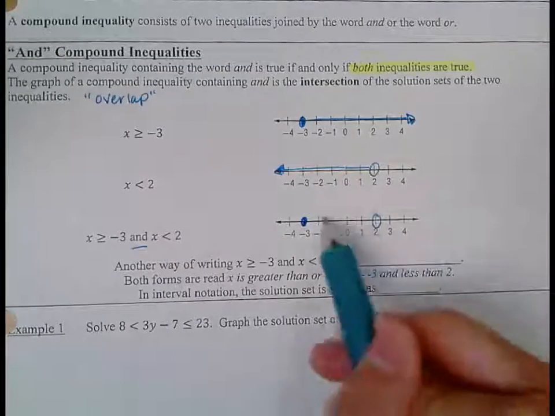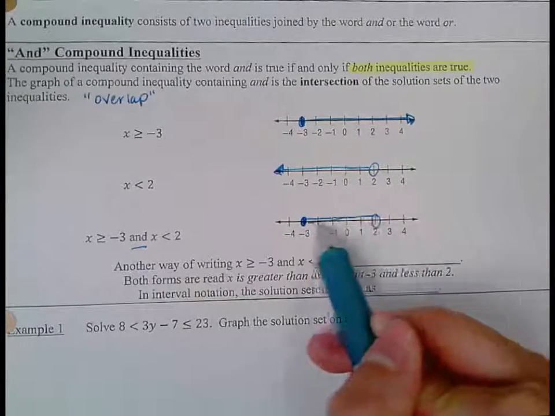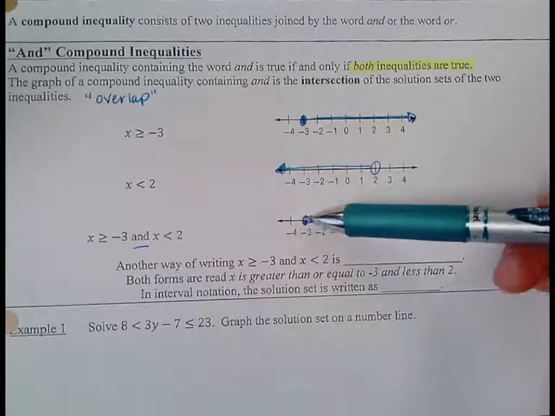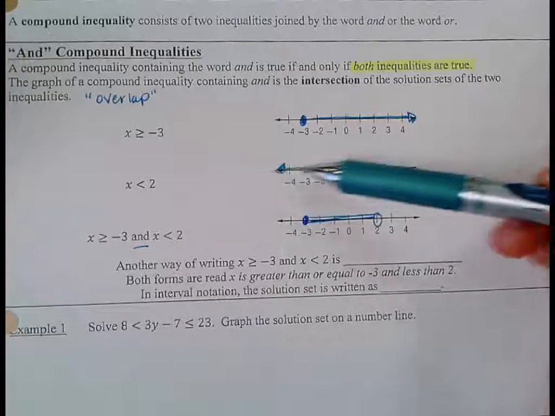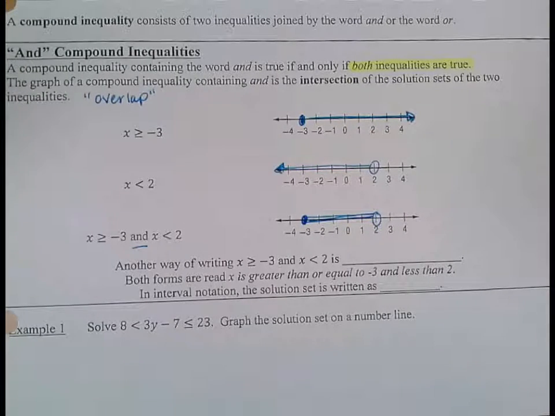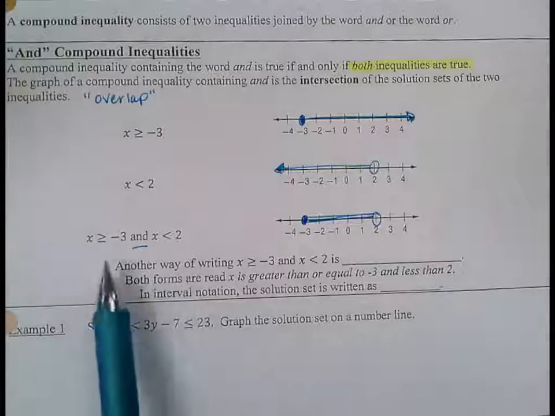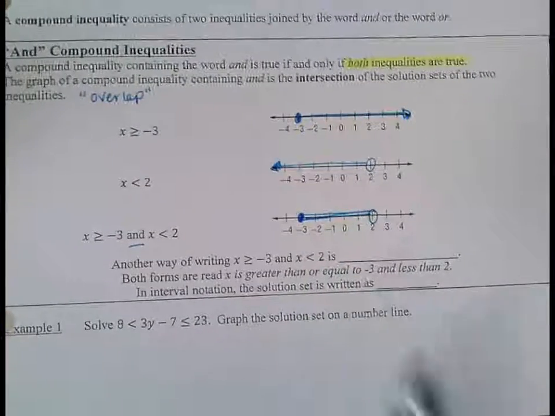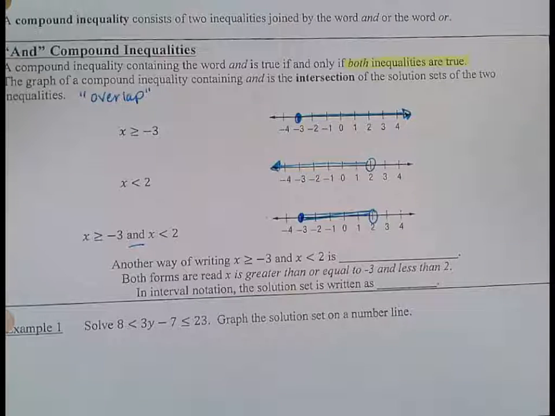Both graphs are shaded for the values in between those two values. So notice anything less than -3 was only shaded by one of the graphs. Anything greater than 2 was only shaded by 1. So those are not part of the solution set of the compound inequality. It's just in between. And compound inequalities joined by and, their graphs typically look like this. It's typically two endpoints and it's shaded in between.